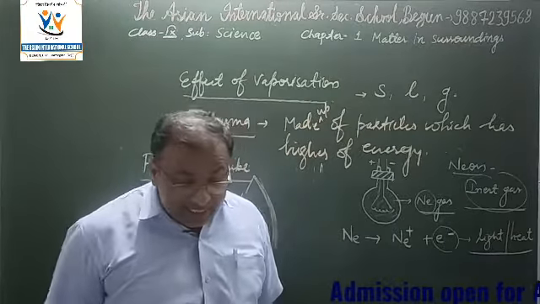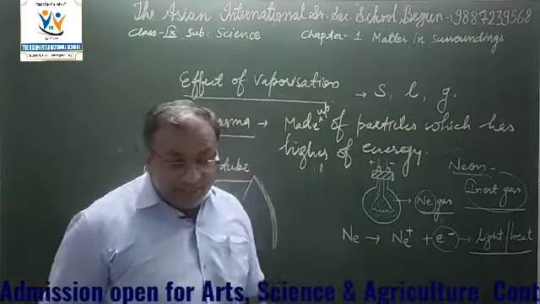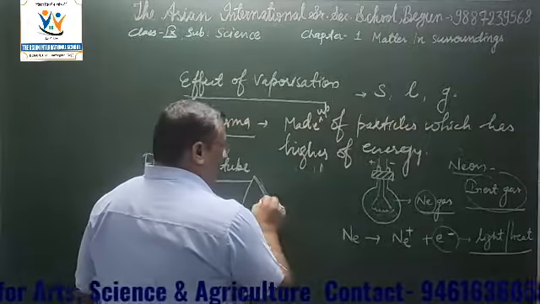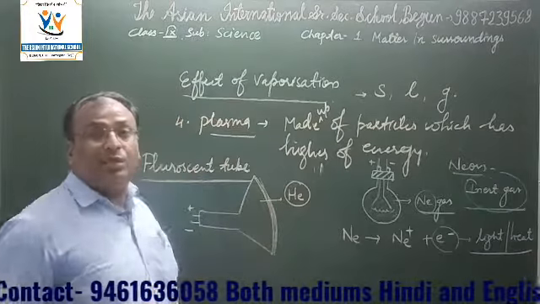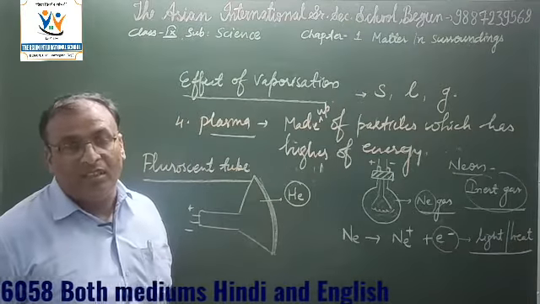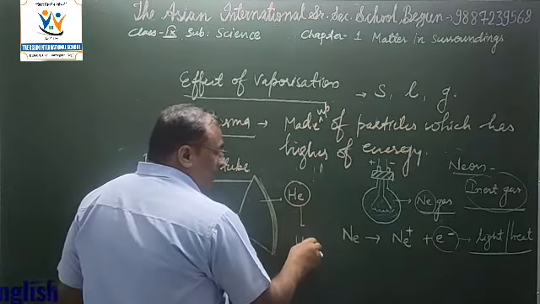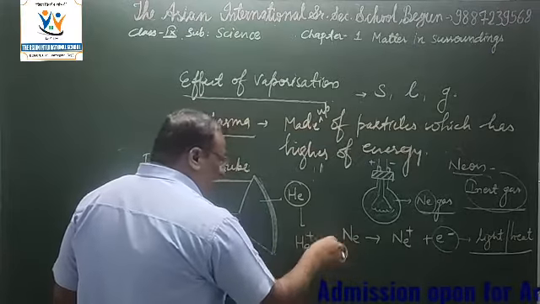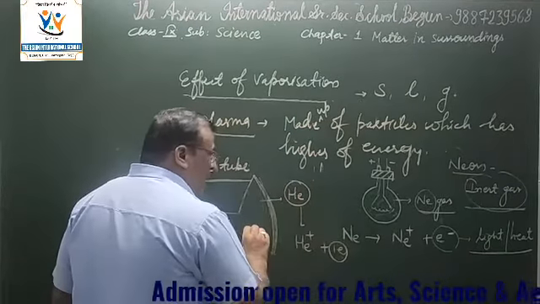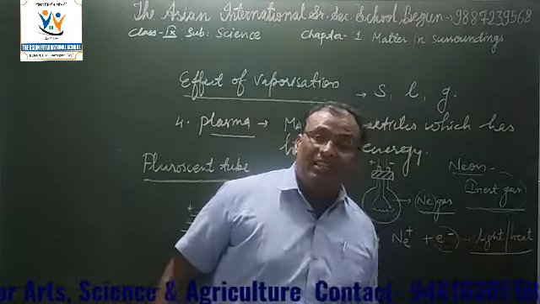Which gas is filled into it? You have seen that it contains helium. So helium is also an inert gas. When it changes into He plus, it releases electrons, and due to the presence of those electrons moving inside it, we see light and heat.